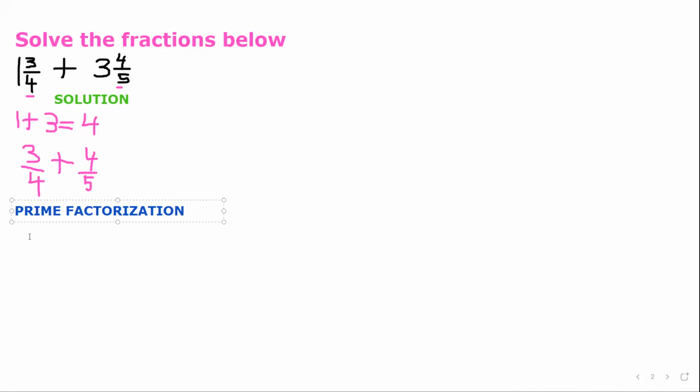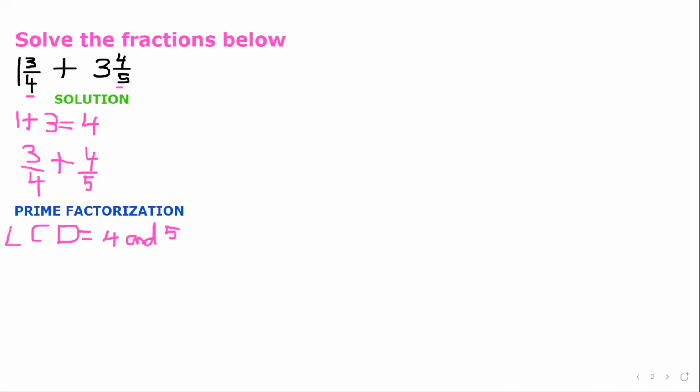To find the LCM of that, let me quickly list. You're going to find the LCD, the least common denominator of 4 and 5.